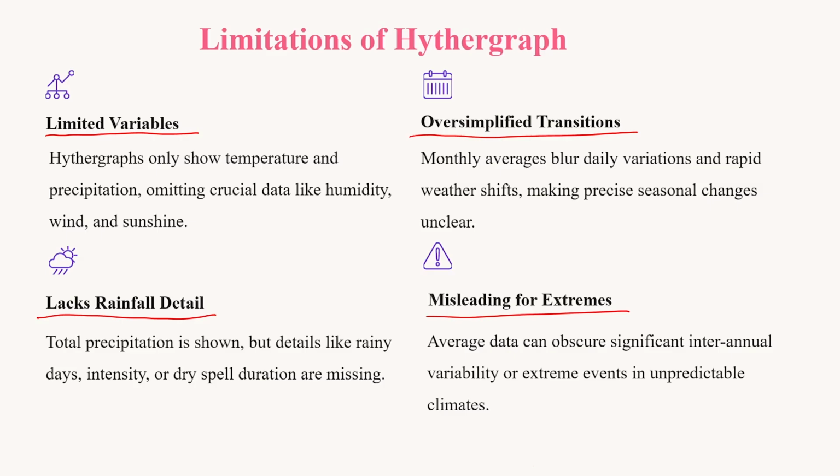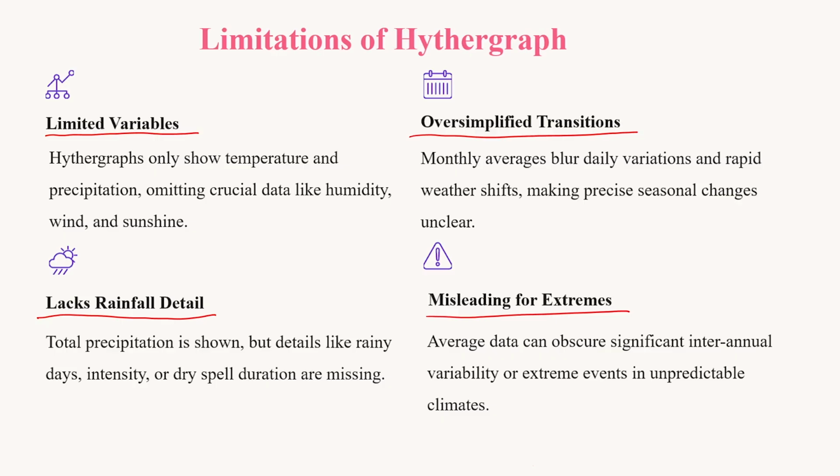During extreme conditions, it is not very useful. As we are now witnessing climate change, it is very difficult for climatologists to understand how the climate is changing, and it is difficult to capture that on a Hyther graph right now. So, it will show some problems here.